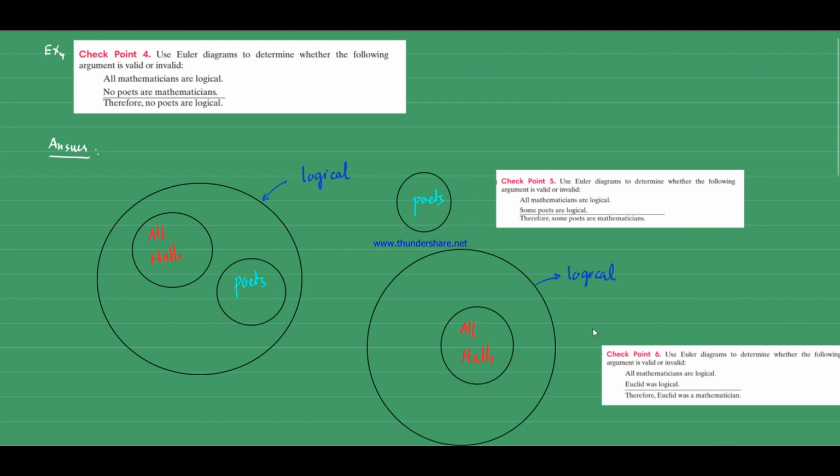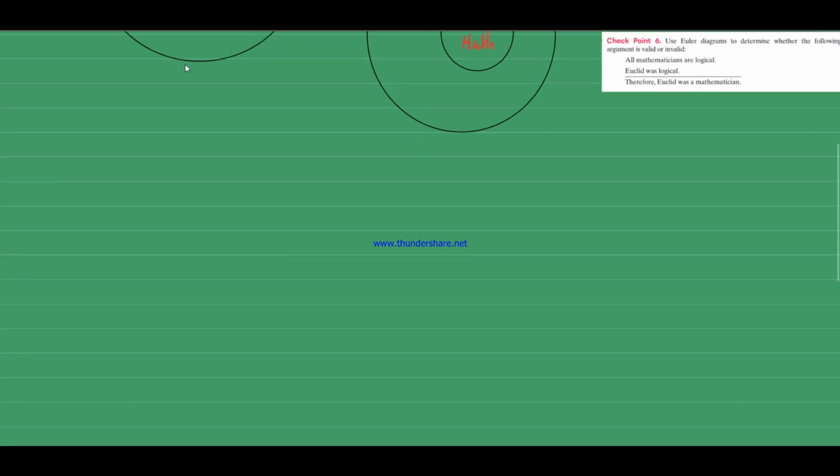This one, no poet are logical, because the poet and logical sets are disjoint. But now I can draw a case when poets are logical. So this is an invalid argument. Okay, so this is invalid.